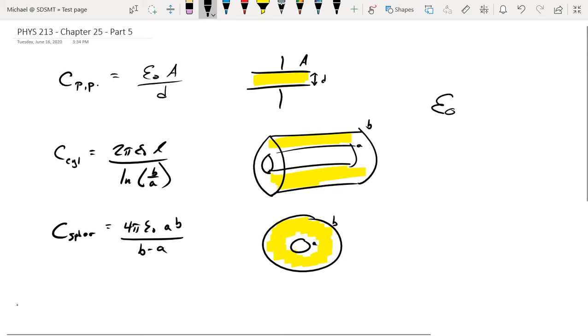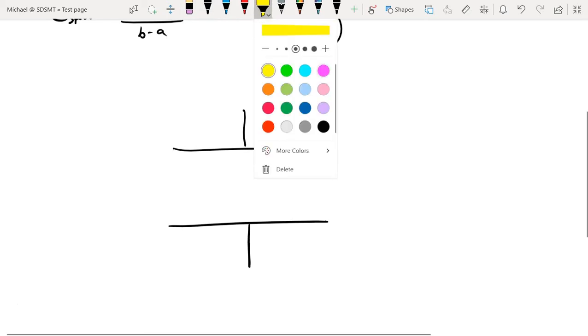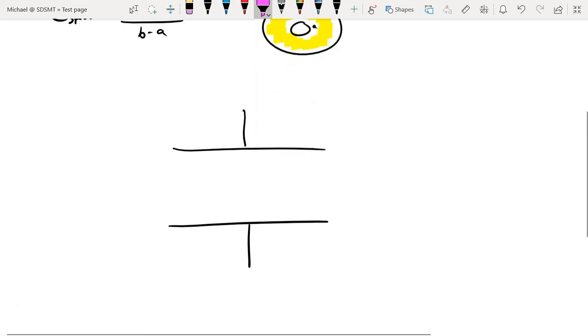Now we want to see what happens if we replace the vacuum between the plates with something else. And so I'm going to fill in the area between the plates here with some material. Don't know what it is exactly. All I know is that this material is non-conducting.